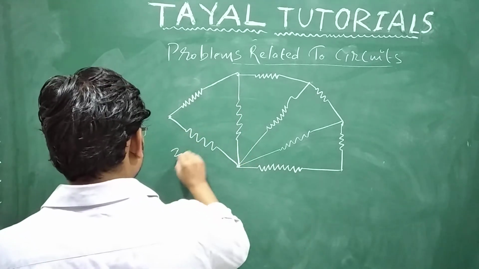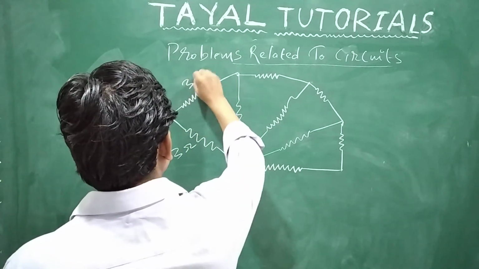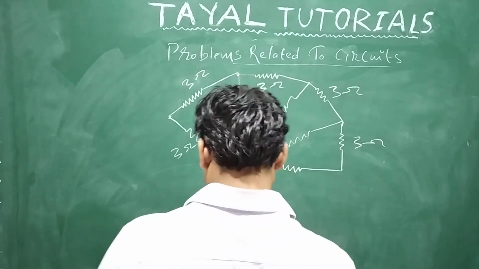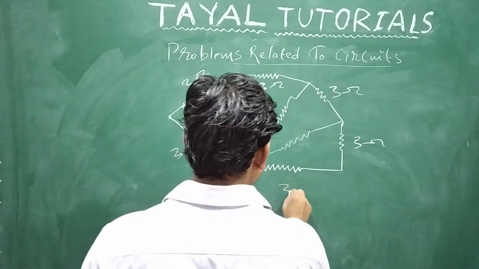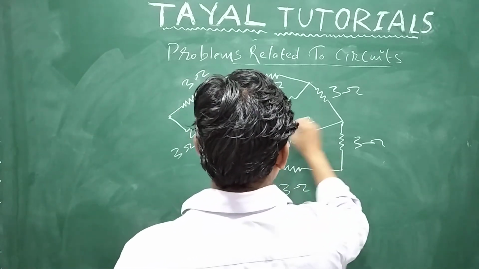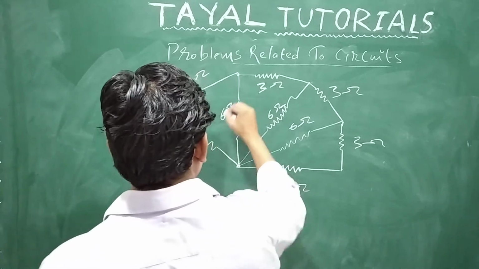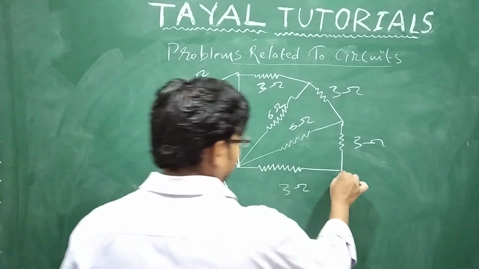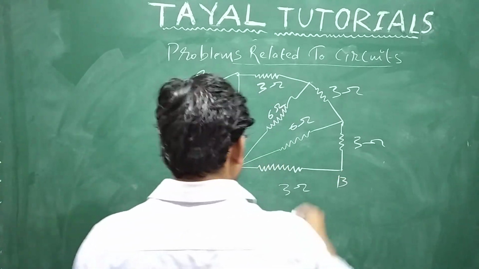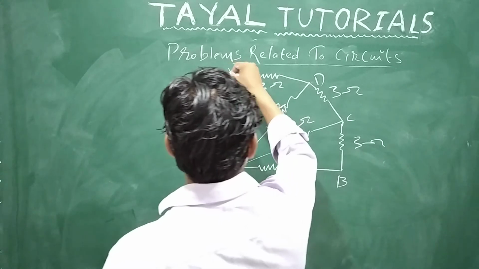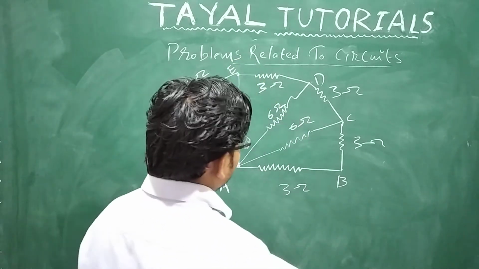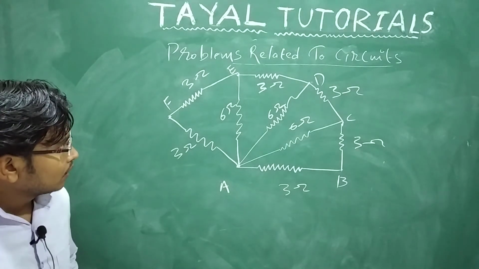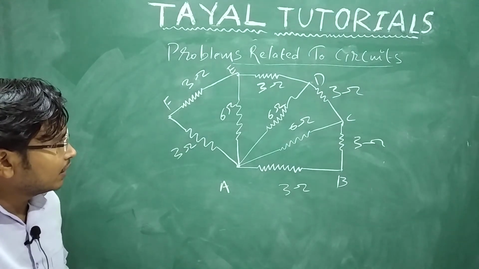This is your 3 ohm, 3 ohm, 3 ohm, 3 ohm, 3 ohm, and this is also 3 ohm. This is 6 ohm, 6 ohm, and 6 ohm. Simple. And they have marked some names A, B, C, D, E, F. They are asking for R equivalent between A and B. So if you see that circuit, it's a very easy circuit.